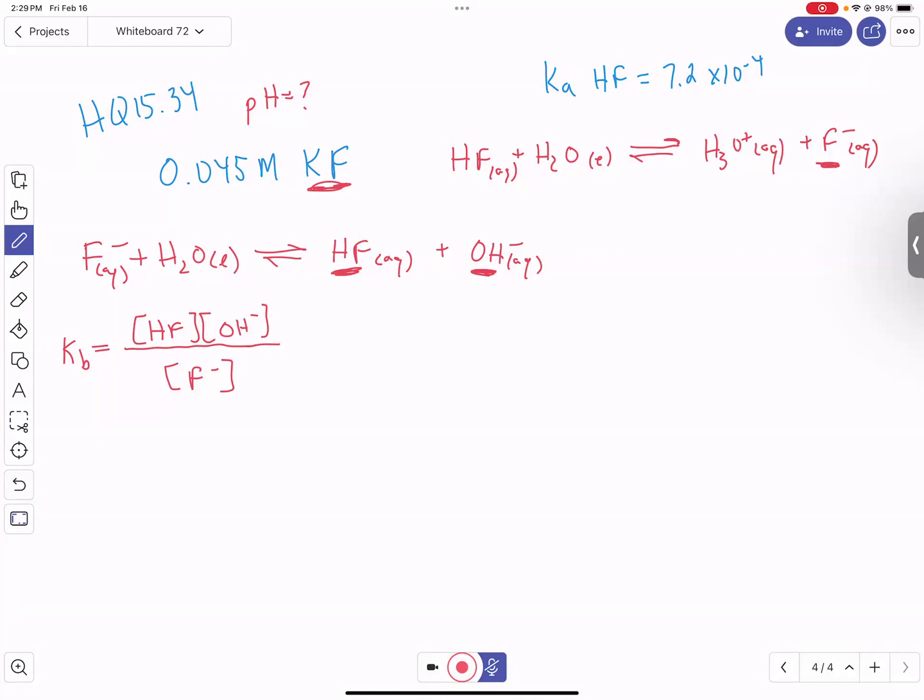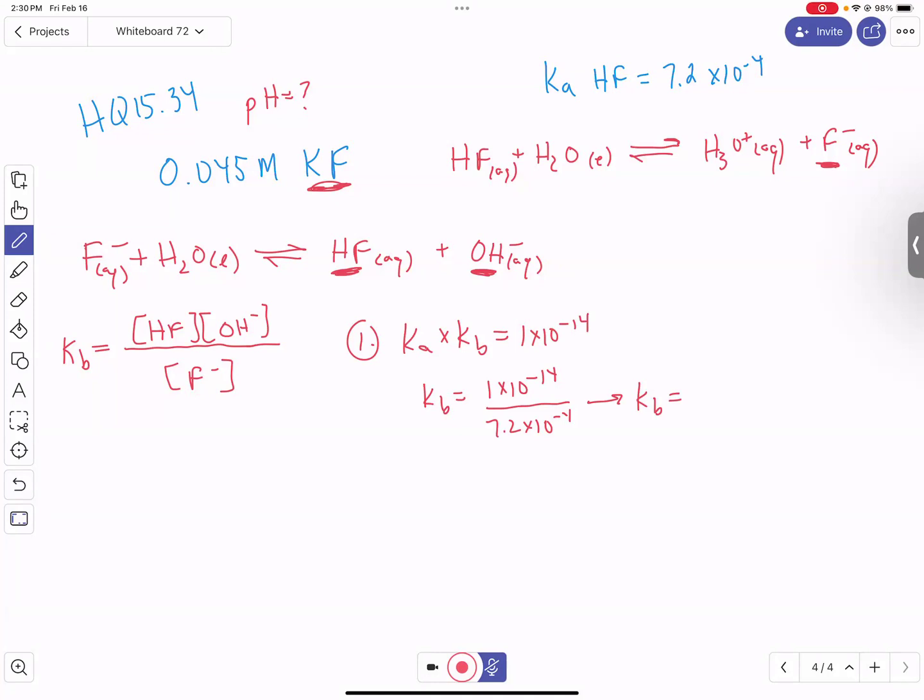So we have to get the Kb. I would start there. Ka times Kb equals Kw, 1 times 10 to the minus 14. So Kb equals 1 times 10 to the minus 14 divided by 7.2 times 10 to the minus 4.